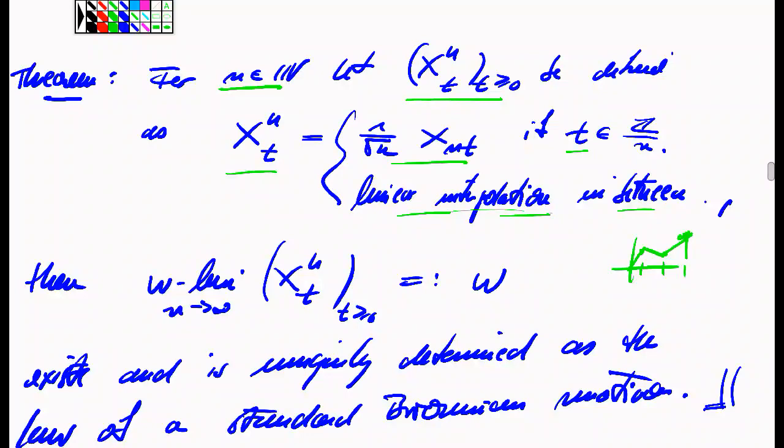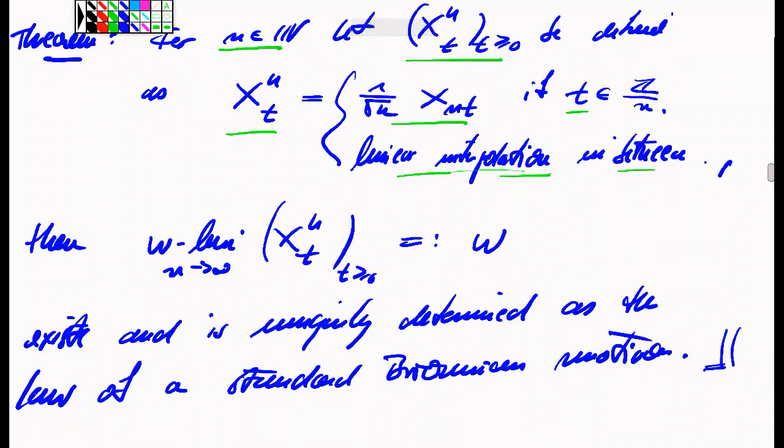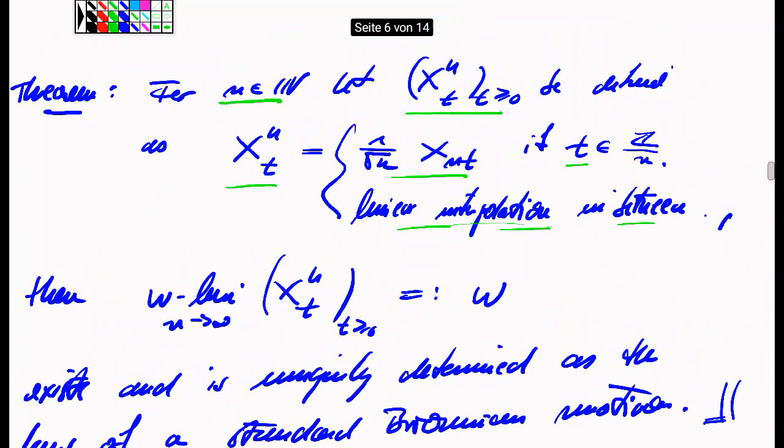So it's exactly this accelerated process that we were dealing with at the beginning when we were talking about this multi-time central limit theorem. Now for each n, X^n(t) is a continuous process, so the paths of this construction are all continuous.